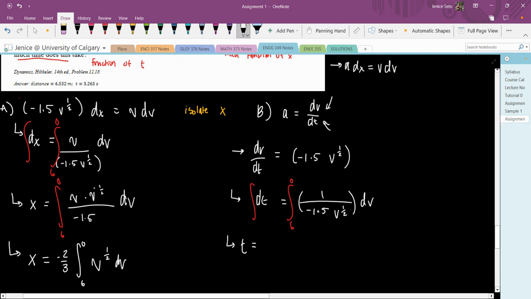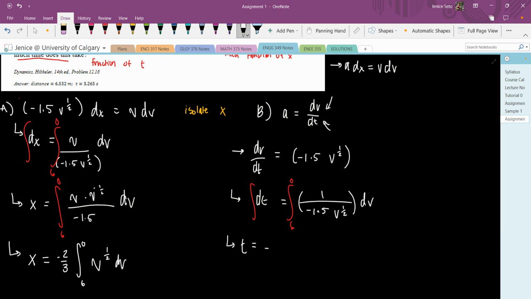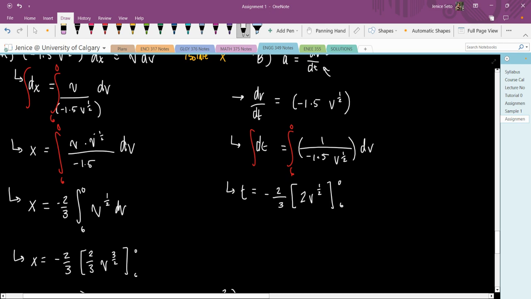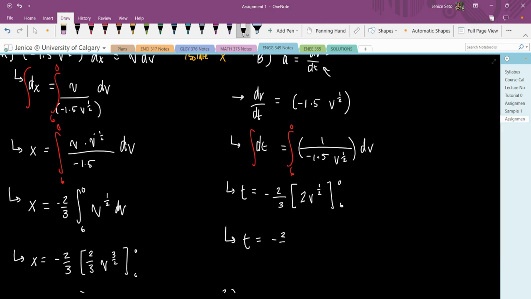It's going to give us t is equal to, we're going to kick this out again, so it's negative 2 over 3, and this is going to give us 2 v to the half from 0 to 6. And this gives us t is equal to just negative 2 over 3.